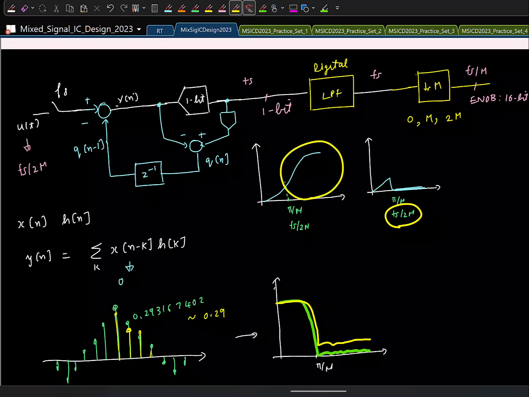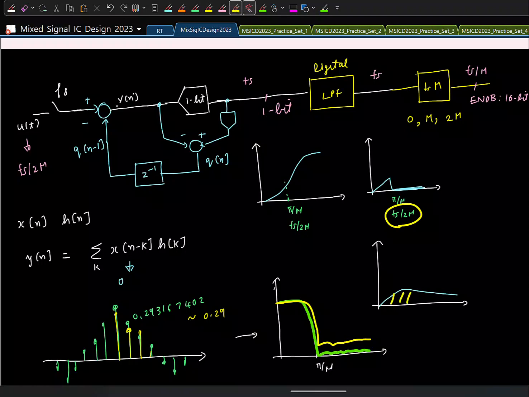See, remember our neighbor has to be good. So I have to filter out the out of band noise. That is really crucial in finally ensuring that there is no noise here. So if I don't design this filter properly, at the output ideally I should have gotten something like this, right? But instead probably I will get something like this. I still can have some noise outside my band.